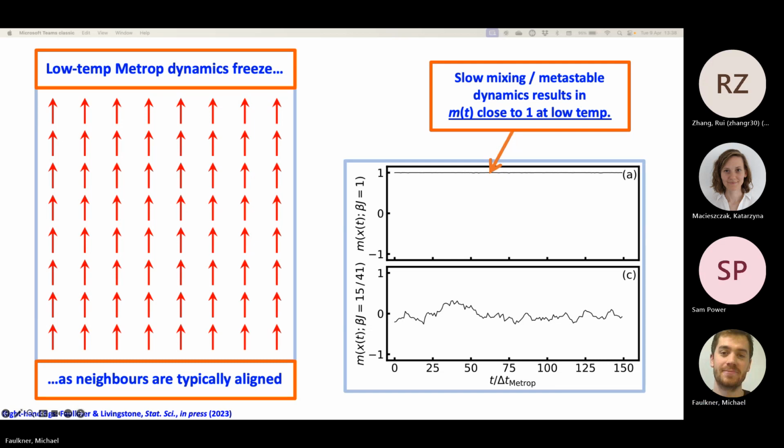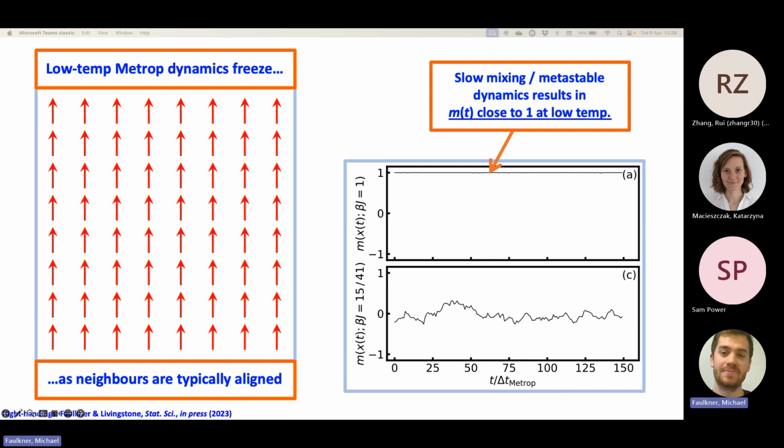Okay, so under single spin flip Metropolis dynamics, we can end up with slow mixing, sometimes called metastability or ergodicity breaking, which is what we see here in these two plots of the magnetization versus time. I'm plotting the magnetization as a function of time under single spin flip Metropolis dynamics at high temperature here and at low temperature here.